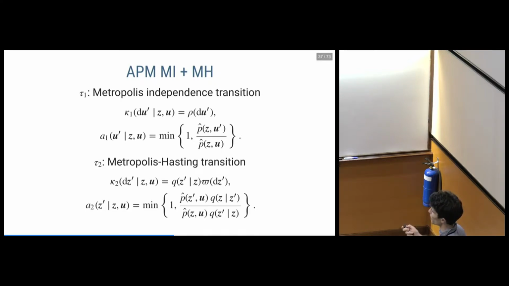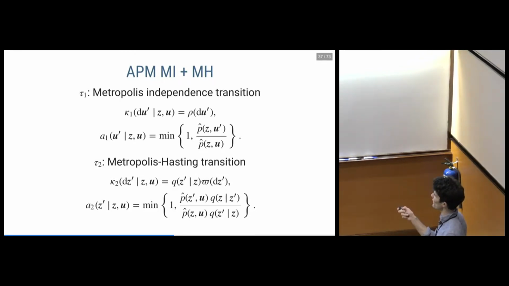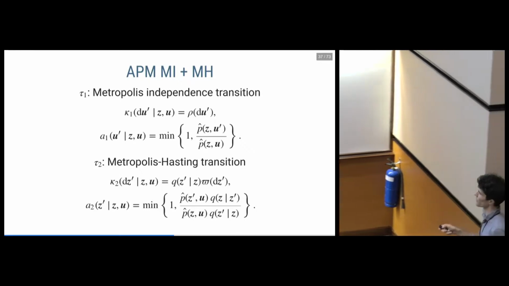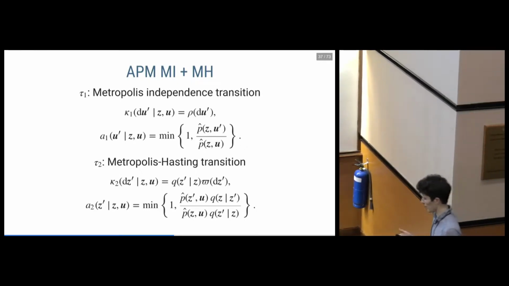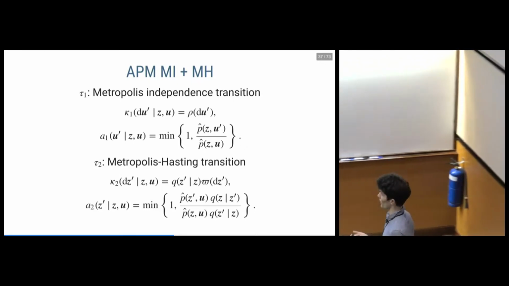So we're just updating the z's, and we're not at the same time independently updating the u's. And so providing we make this proposal small enough or local enough in some sense, we should imagine that we'll be able to make this acceptance probability be at some target level.